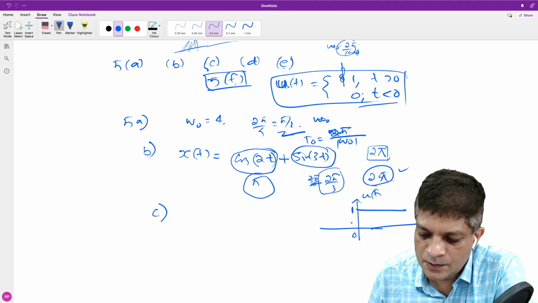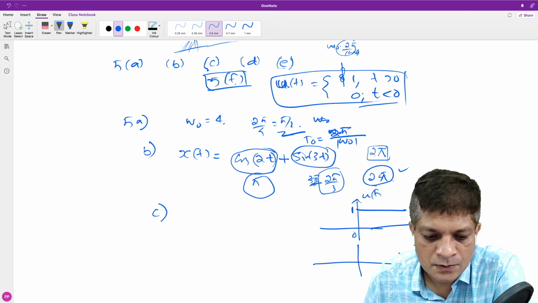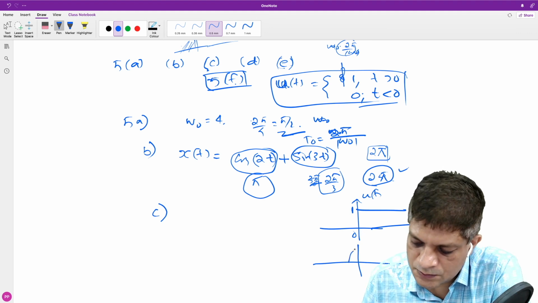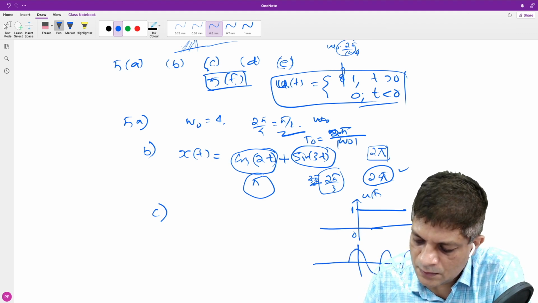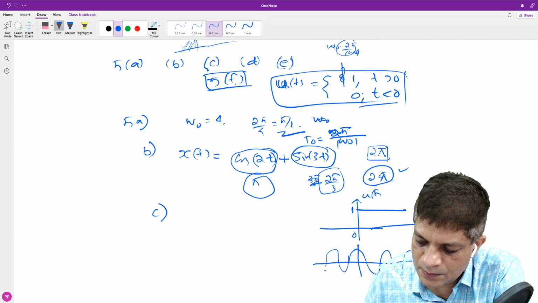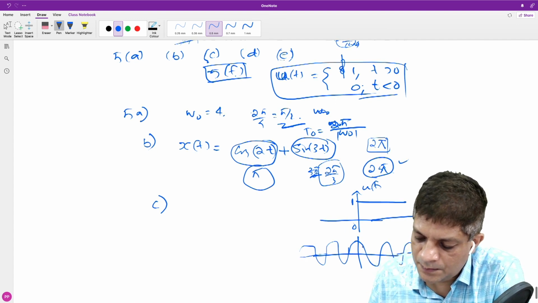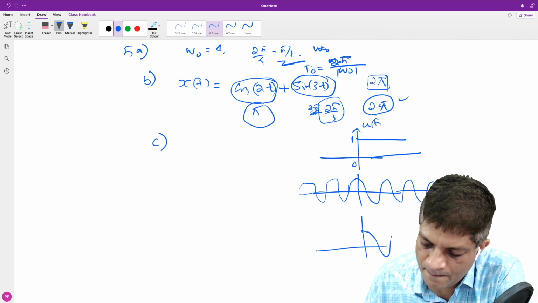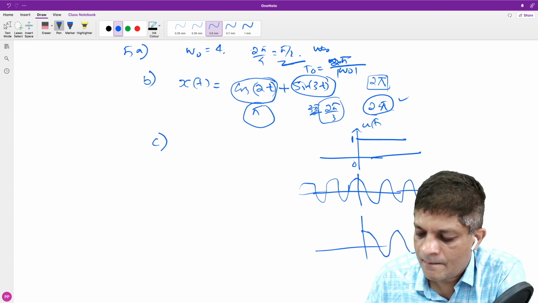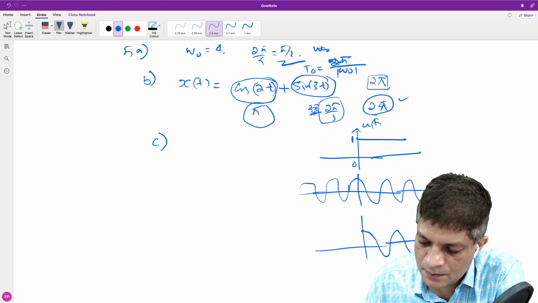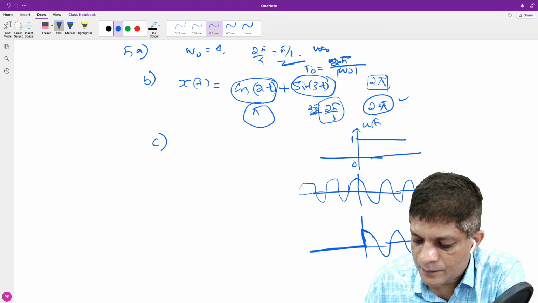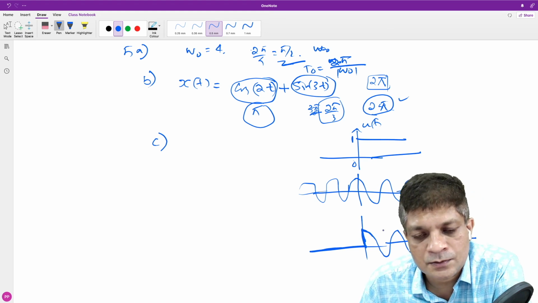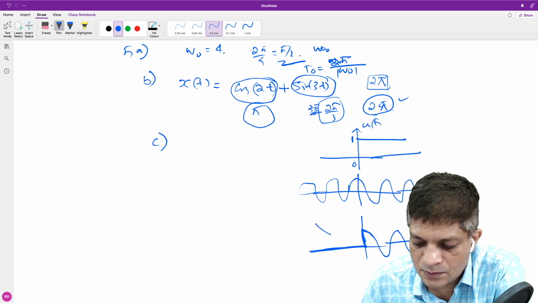It's not periodic because if you multiply cos, this is cos t, isn't it? Cos t is something like this. It is a periodic signal cos t. If you multiply these two, what you get is this, isn't it? And the negative part, it is 0. This is the signal cos t into ut. So this is not a periodic signal.